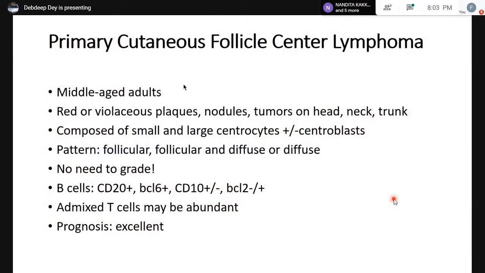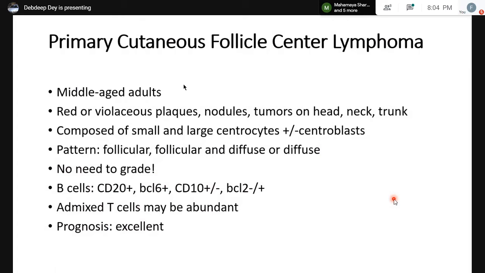So it occurs in middle-aged adults and presents with red, violaceous plaques, nodules, and predominantly tumors of the head, neck, and trunk, composed of small and large centrocytes and centroblasts. The pattern might be follicular or diffuse, or only diffuse.